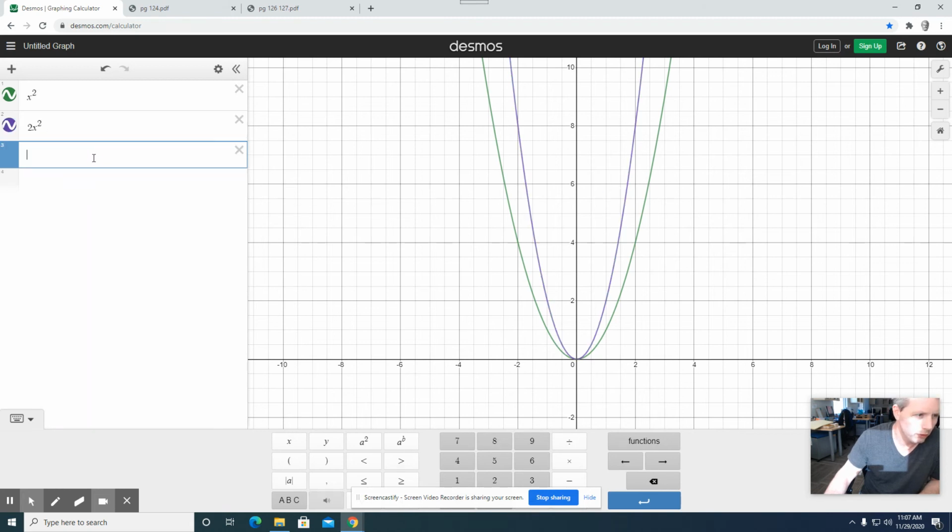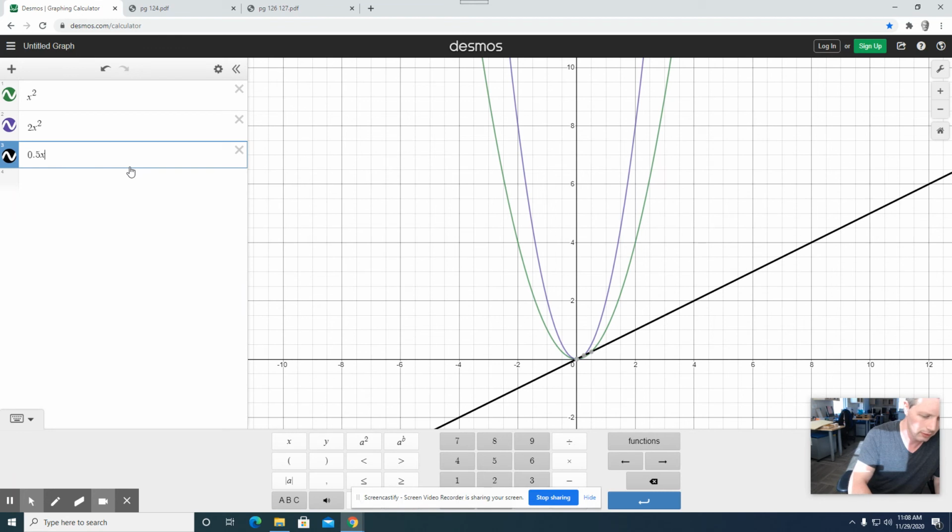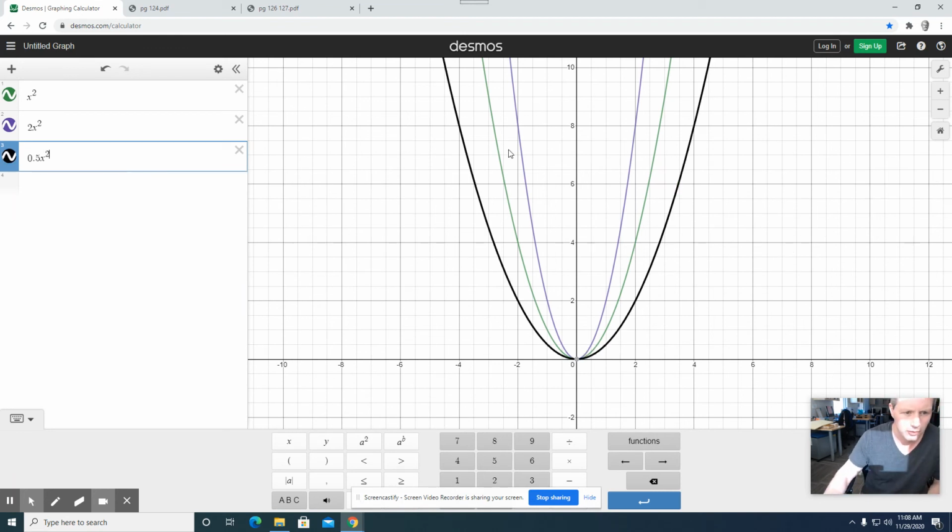If I had multiplied my function by a constant that is between 0 and 1, so let's say 0.5x squared, you can see that it is compressed vertically. It gets wider right here. My green is my original function.